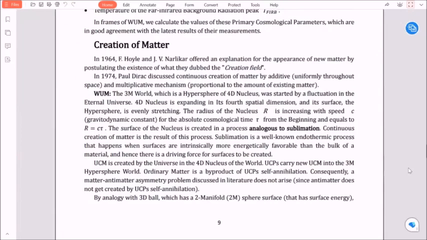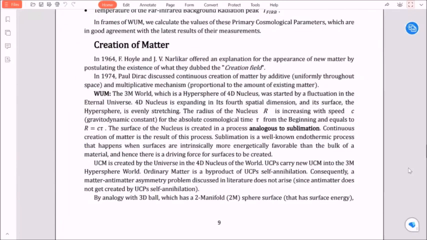Sublimation is a well-known endothermic process that happens when surfaces are intrinsically more energetically favorable than the bulk of a material, and hence there is a driving force for surfaces to be created. UC matter is created by the universe in the 4D nucleus of the world.